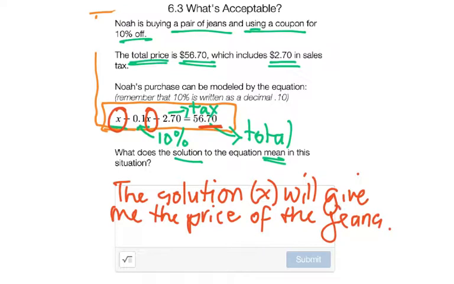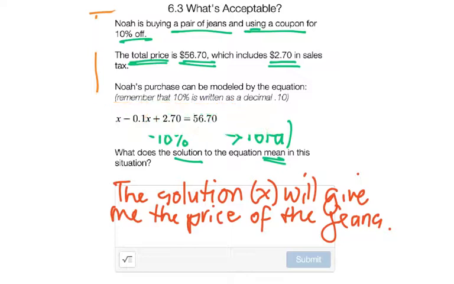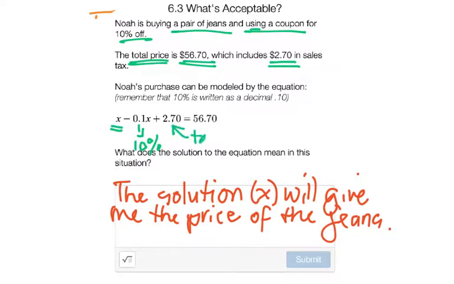All right. So again, now let's go back and take a look at it. I'm going to erase this just real quick. So if X is the jeans, then here's my jean price. I'm going to take off 10% of the jean price, and then I'm going to add tax.